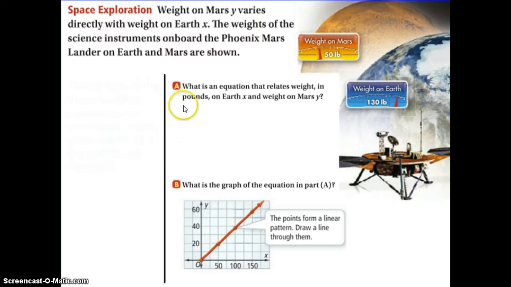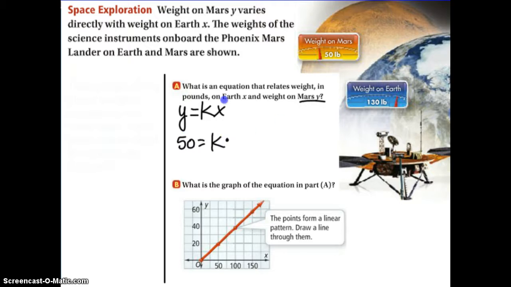Okay, so the first thing, you can push pause if you want to do it by yourself. Otherwise, you can just watch with me. So y equals kx. That's my first thing. Now I'm going to sub these in. So y, it says y is Mars. So Mars was 50 equals kx.